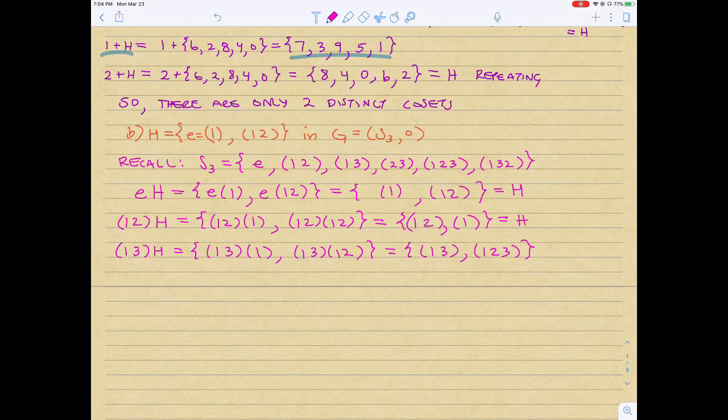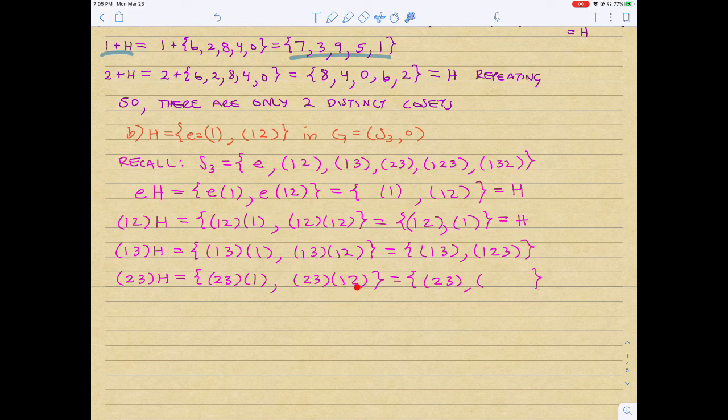All right. Now let's look at (2 3). Okay, so (2 3) times H. Well, that's going to be (2 3)(1), comma, (2 3)(1 2). All right, so we get back (2 3), and then let's see what happens.